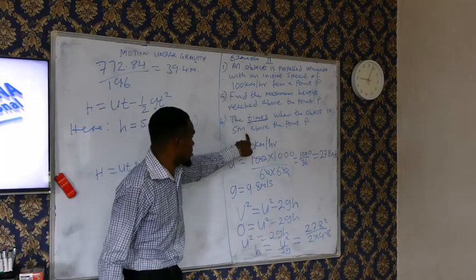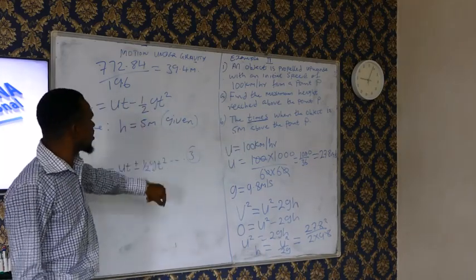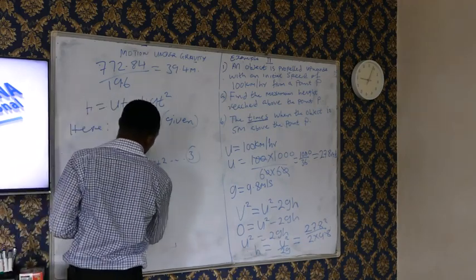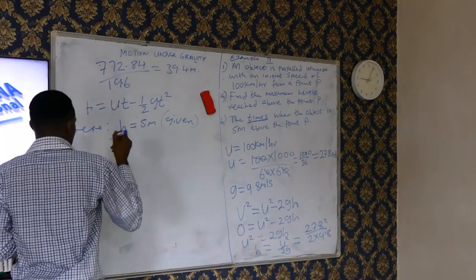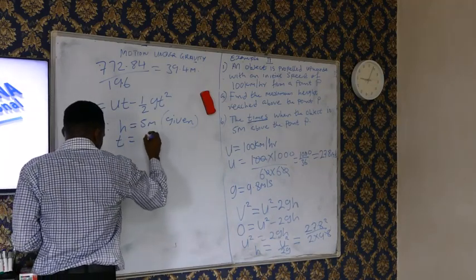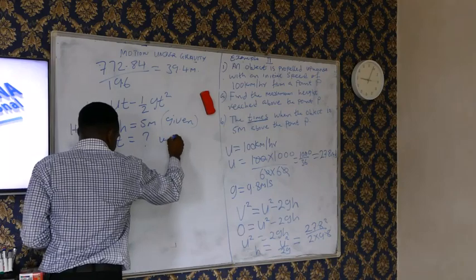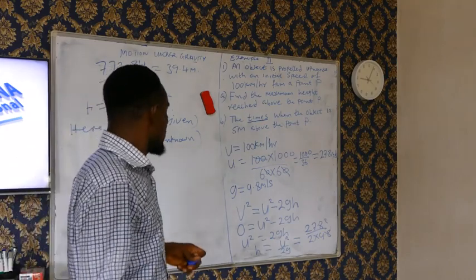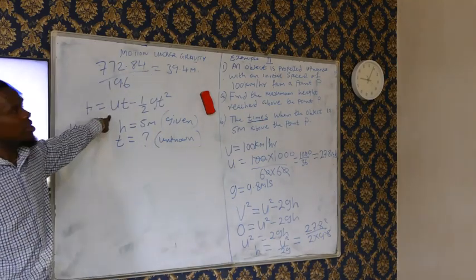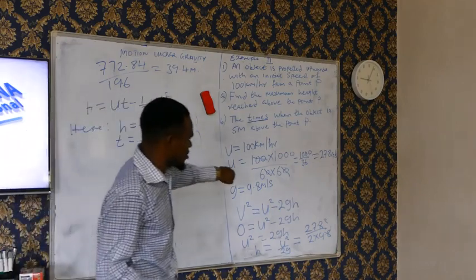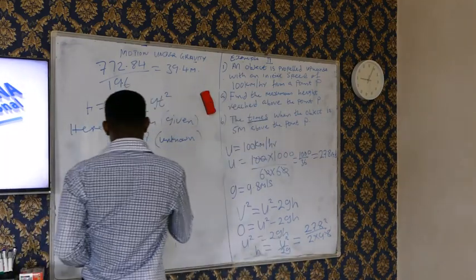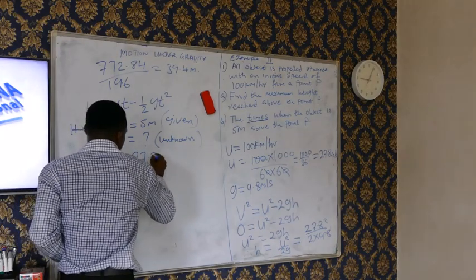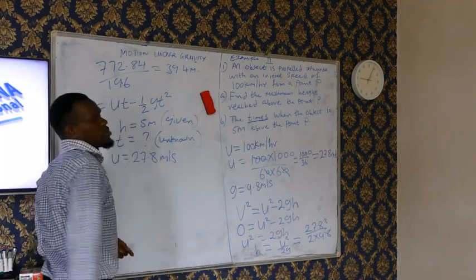This is the given distance. Now, t is the unknown here. T is equal to unknown, maybe in the bracket. U, which is the initial velocity, is also given as this. U is equal to 27.8 meters per second.